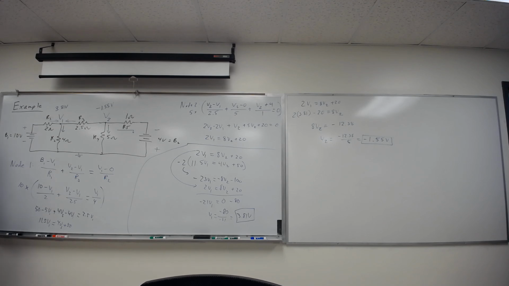I can take 10 minus 3.81. That'd be the voltage across that resistor, right? So this current, divided by 2 ohms, is 3.10 amps.